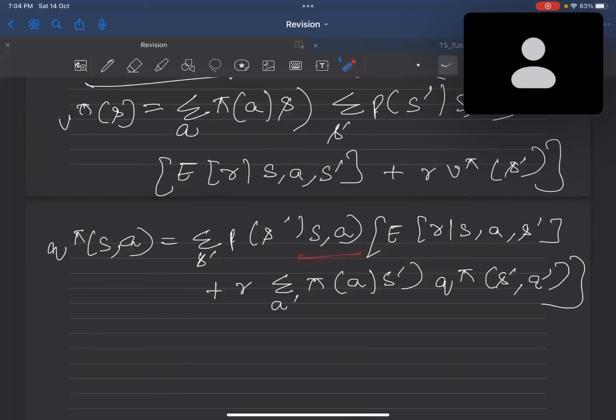The probability of taking S and A, then if S and A are given, what is the S dash, and then what is the expected reward? The same as earlier, and this term, if I am in the S bar, then this is.